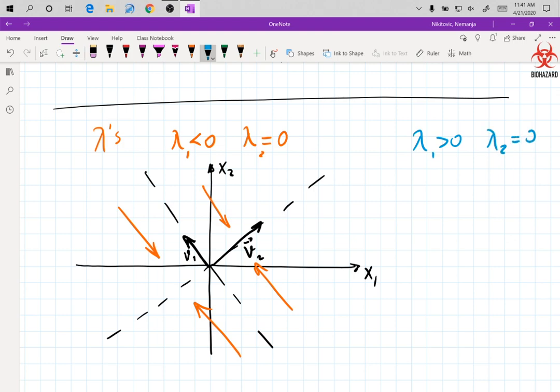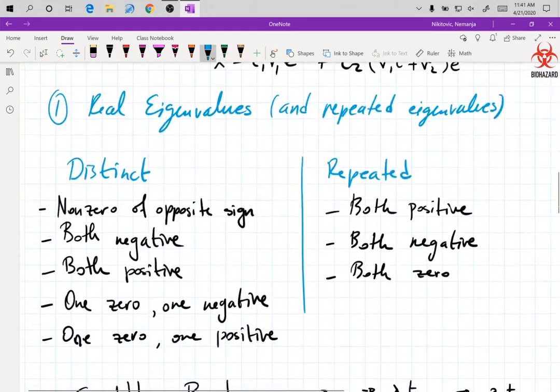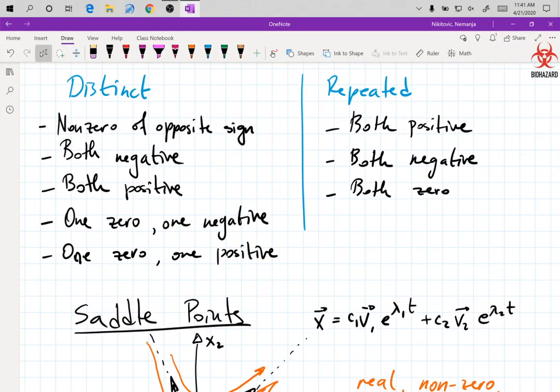Same situation, and I'm just going to recycle the same graph. So you follow the orange one for orange and the blue one for blue. So that takes care of those situations. All right, so that's the first 5 from here for the distinct.